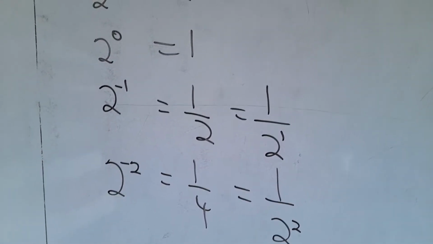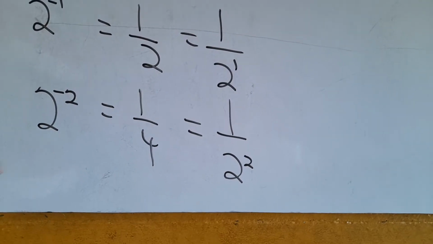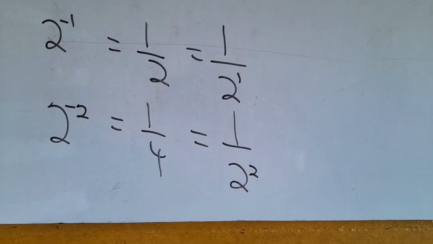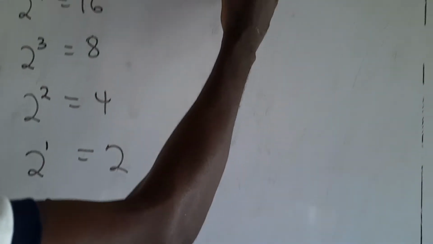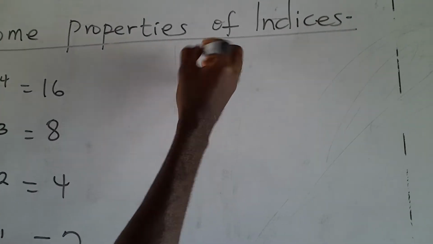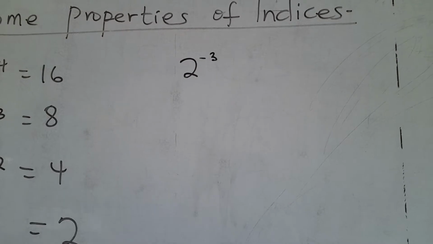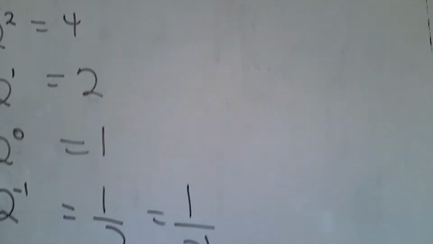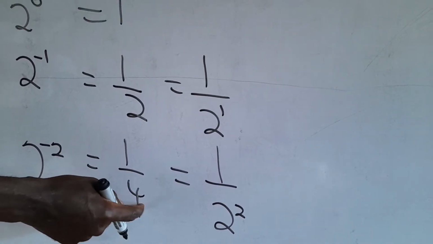We are building to develop something, so come with me. So 2 exponent negative 2 is 1 over 4, which is 1 over 2 exponent 2. Now let's get another one. As the exponent decreases again by 1, we get 2 exponent negative 3. To get the answer, we divide the previous answer by the base.